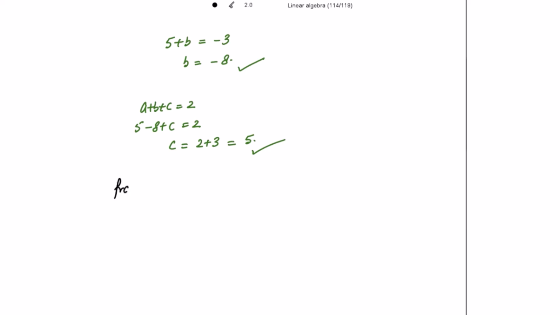So from 1, we have 2, minus 3, 5 equals A is 5, alpha 1, plus B is minus 8, so minus 8 alpha 2, plus C is 5, and this is alpha 3. So this vector is expressed in terms of alpha 1, alpha 2, alpha 3, right?